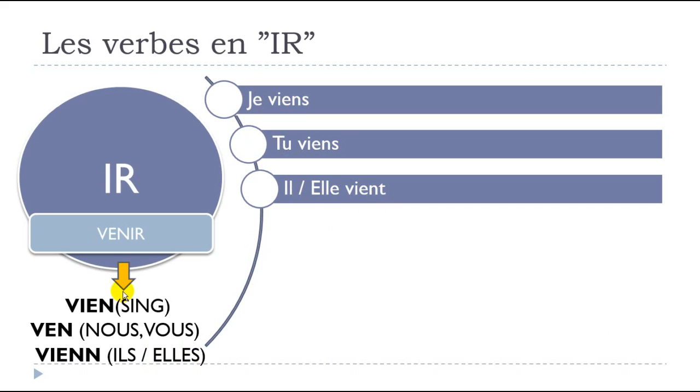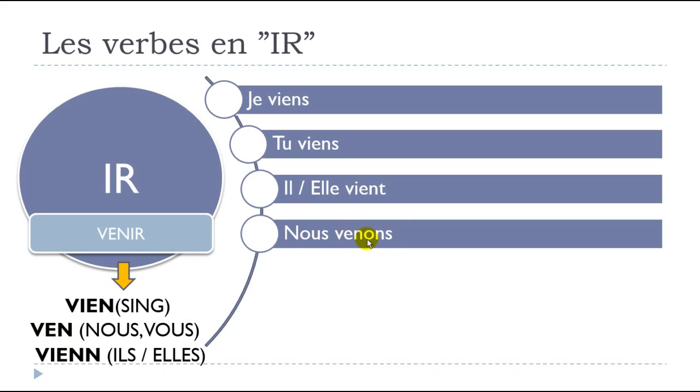Okay, so we do agree that we respect the rule, so you take this VEN and then you put it right here, and after that you will put the ending. Okay, then think about what we saw, nous and vous, so they're coming right now. We should use this VEN stem.